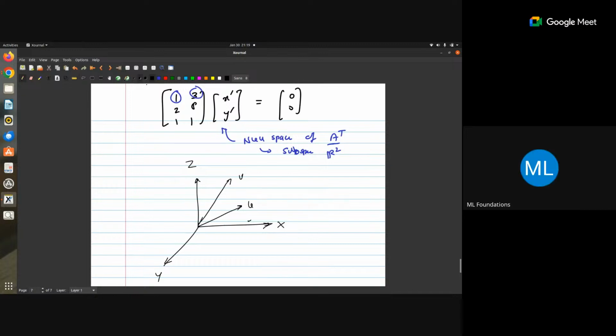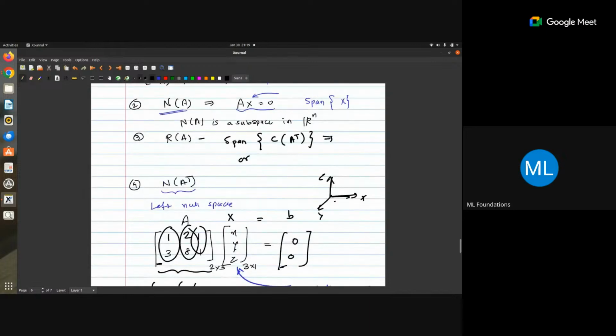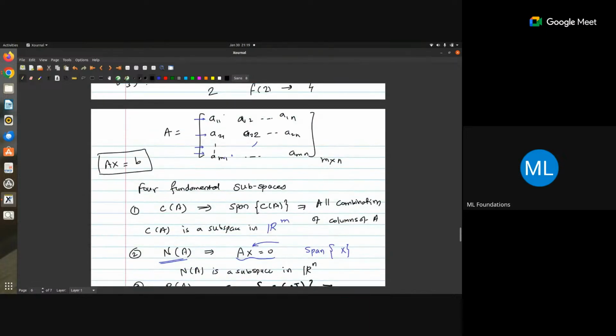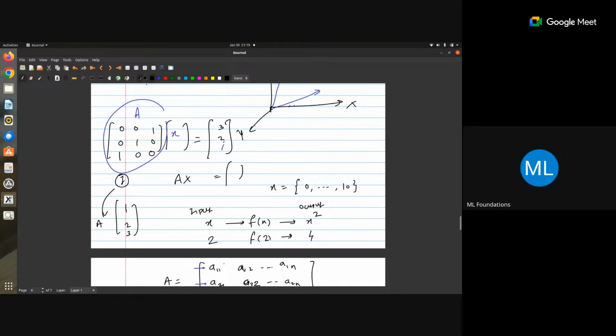I think maybe I have given you the wrong idea about it. When I say a column represents a vector, I'm just saying that in this course we are representing the vector by a column, not by a row like this, though I can do that also.